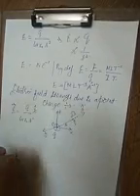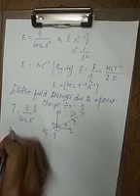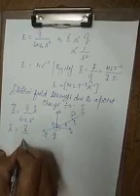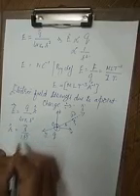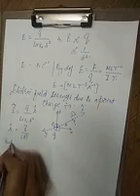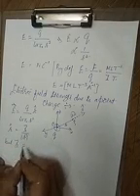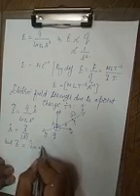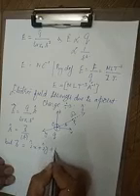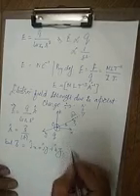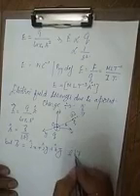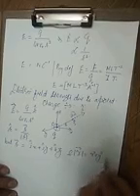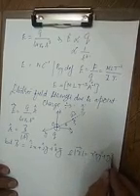This unit vector, we know, has value vector r over its magnitude. But vector r can be written as i x plus j y plus k z, and its magnitude can be written as the square root of x square plus y square plus z square.